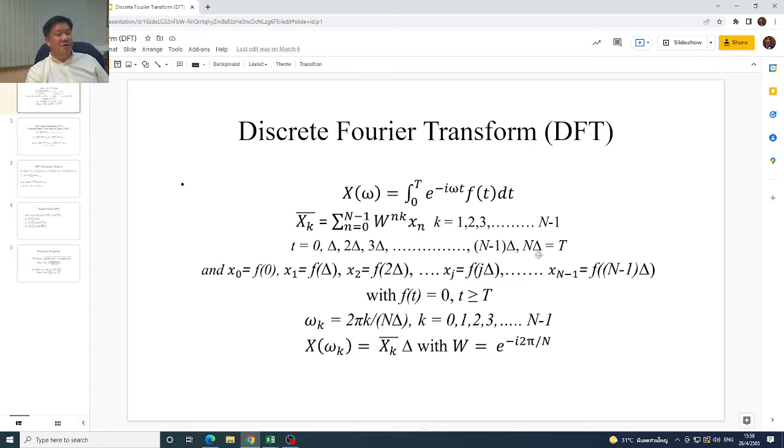So if delta is 20 digit accurate, capital N has to be 10 to the 20. And to finish this, you need capital N squared. You become 10 to the 40 multiplications and 10 to the 40 summations.